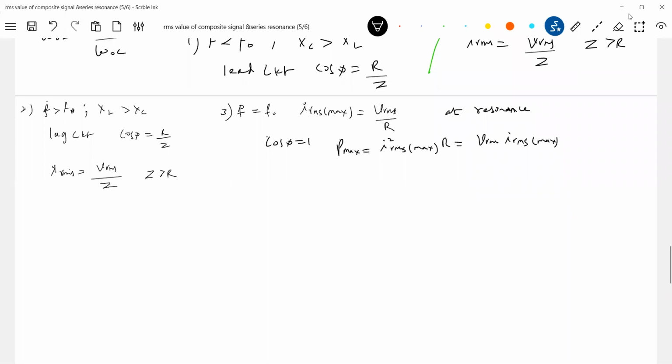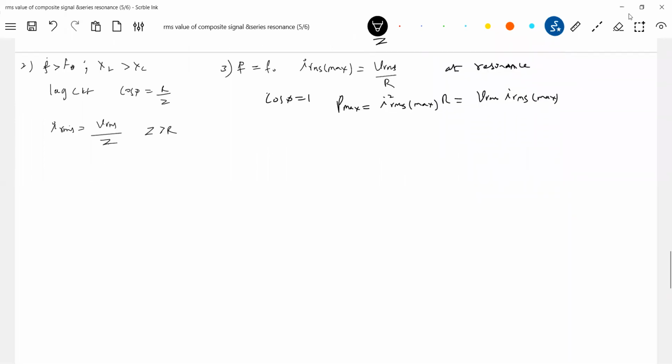Now let me plot the power factor versus the frequency graph. Same graph, no, it should be. You should be very careful about the possible types of graphs here.